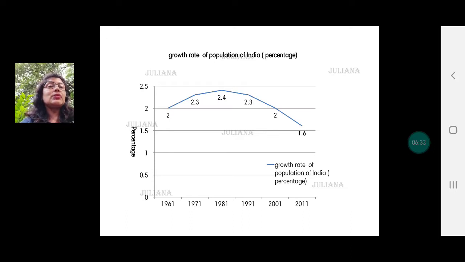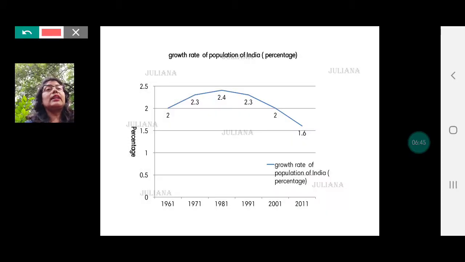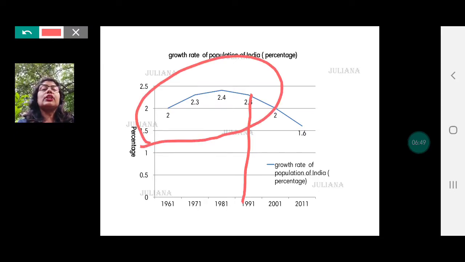This is where we need to keep in mind. This is percentage wise. So when we add the entire population and see 2% of 121 crore, it's a huge number. And therefore, right up till 1991, India added a huge population to our entire total population. So this is where the explosion started.